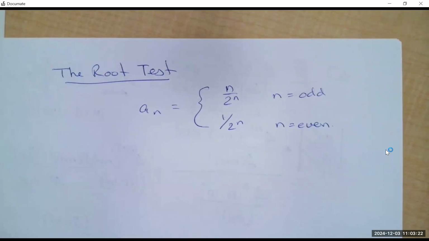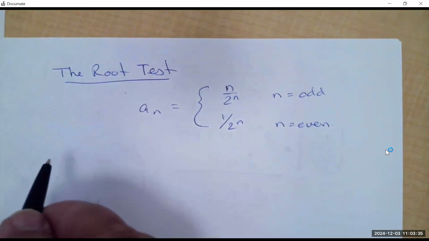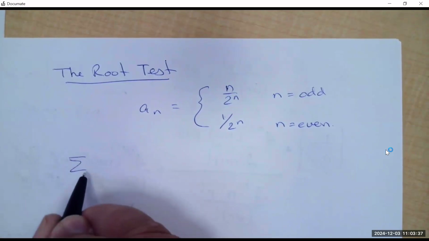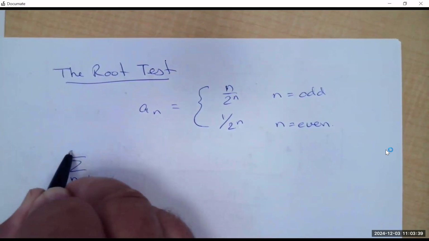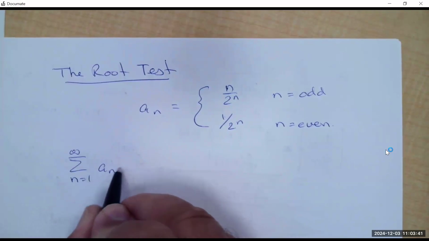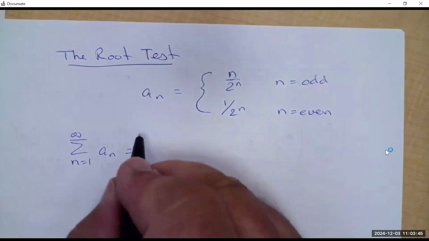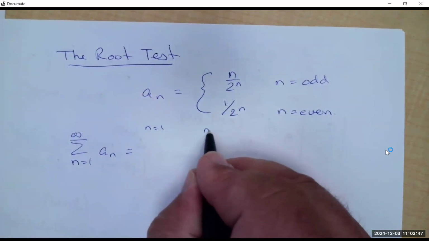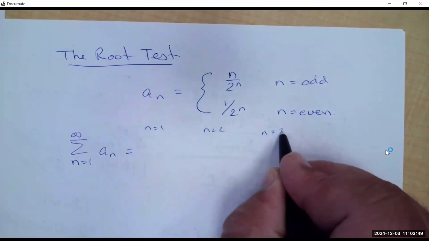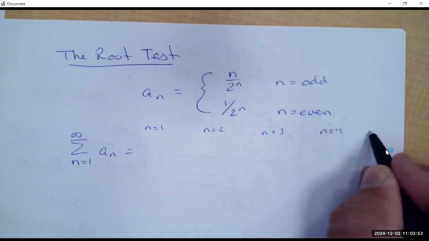Because up until now, we have the convergence tests we did in the past, but now when we have something like this, where it's conditional, then we have to use something else. So to do that, we have to look at each term of our sequence. When n equals 1, when n equals 2, when n equals 3, when n equals 4, and when n equals 5.